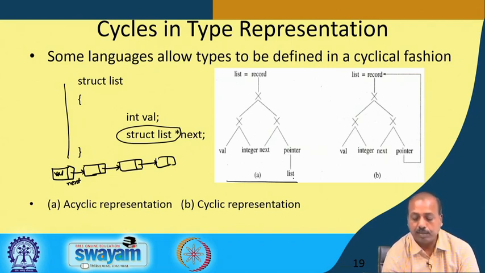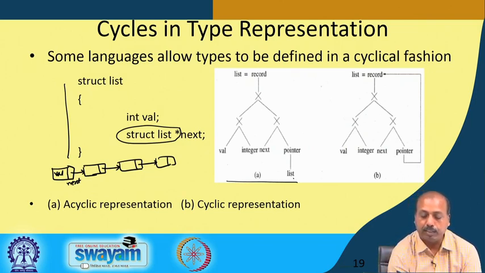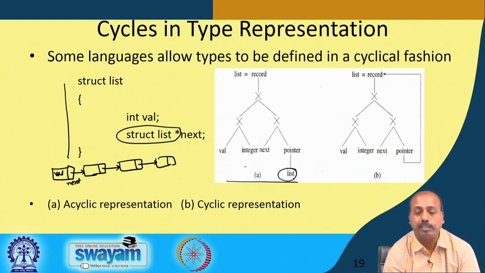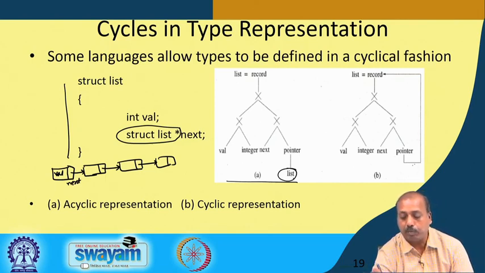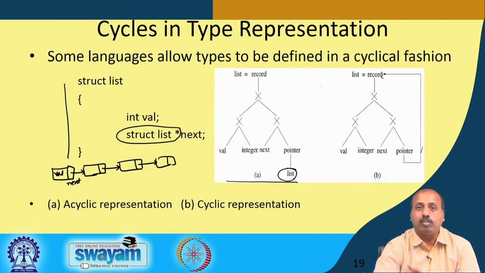However, this is not always very suitable, because if we are trying to check for type equivalency, then at this point there may be difficulty, because where is it pointing to? So, you can have a cyclical representation here, that this pointer is a pointer to the list only. That way many times it helps in the type checking.